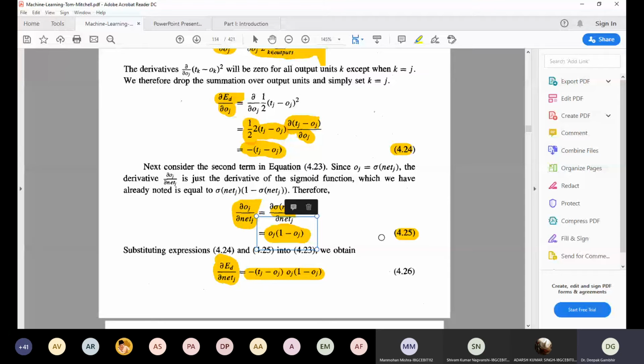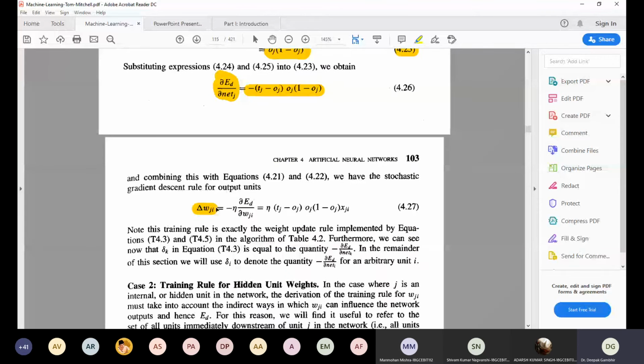So the change in weight for w_ji is computed as minus eta, that is the learning rate, times the partial derivative of E with respect to W. If you put in this value and the value of the partial derivative of net_j over W, which results in x_i, this term results in (t_j minus O_j) O_j (1 minus O_j), and the minus is cancelled out, leaving just eta.